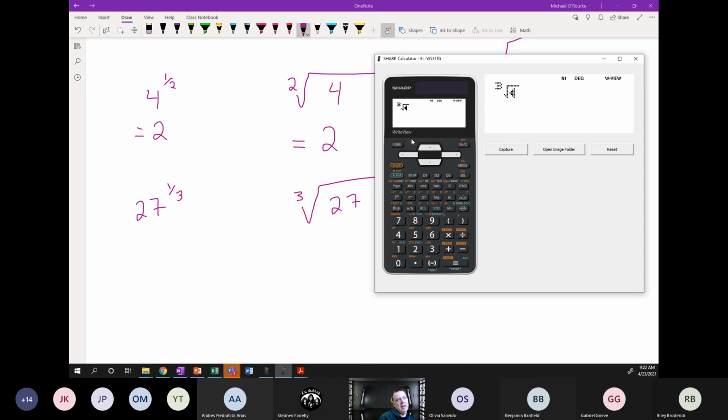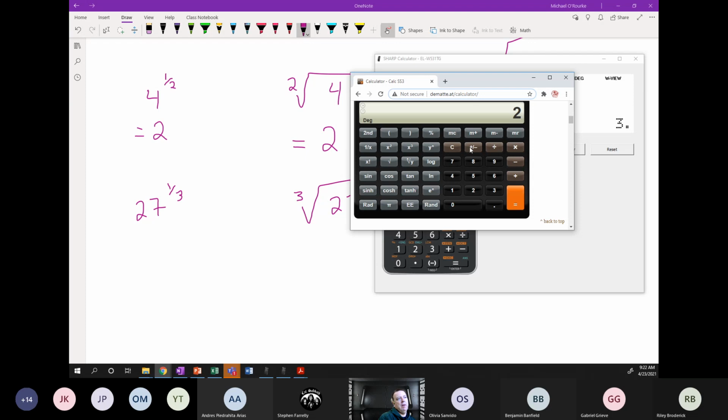Whatever number I put in there, that'll be the number that pops in there, and 27. And if I'm using my phone, I have to type 27, then hit this button and press 3, which equals 3.